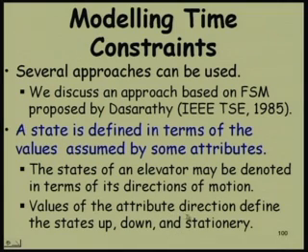So, if the attribute direction is 0, possibly it is stationary, 1 is up, -1 is down. That can be a possibility. So, depending on some attributes, the states of any FSM are defined.